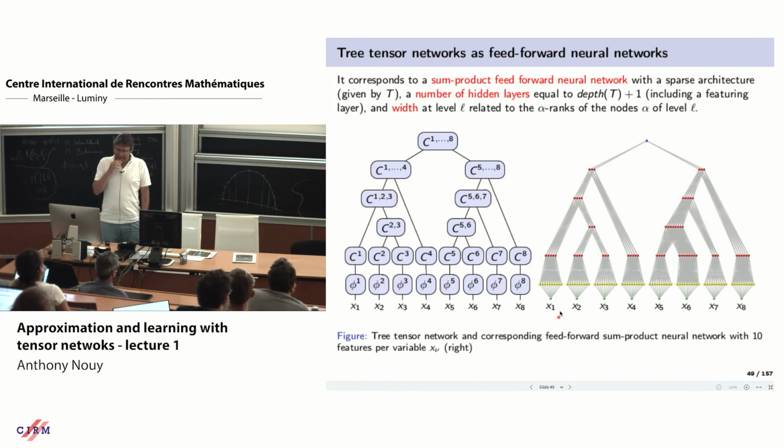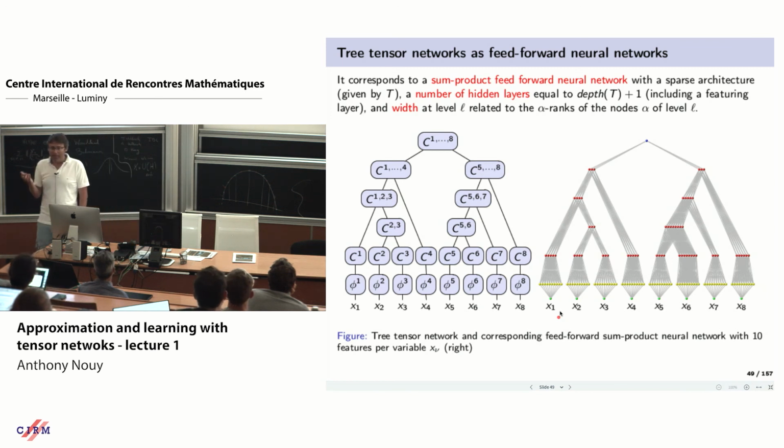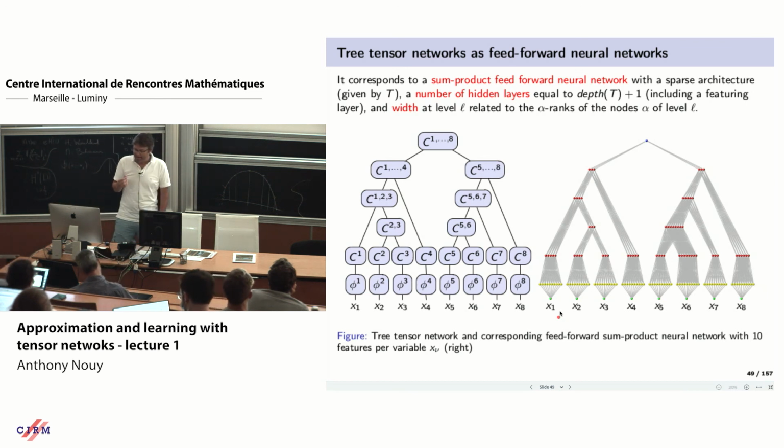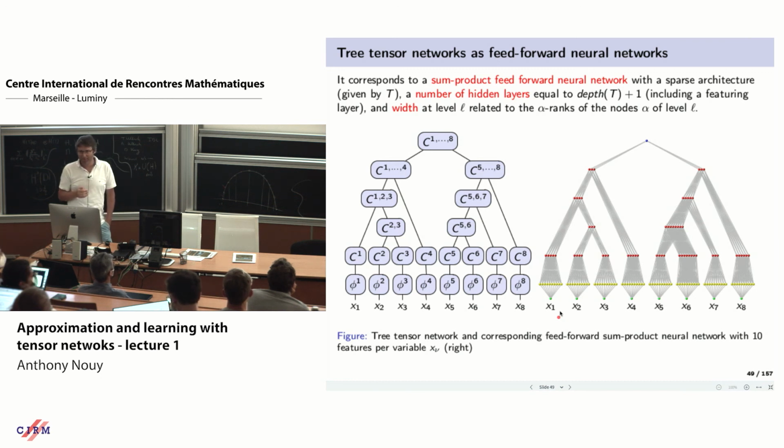And in fact, it appeared quite recently that tree tensor networks are a particular family of neural networks that you can find in the literature. It has a name, not very used, not so used as other neural networks, as ReLU or RePU networks or networks with sigmoid function and so on.